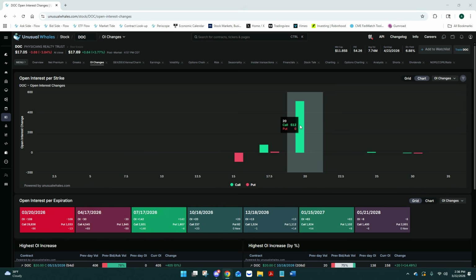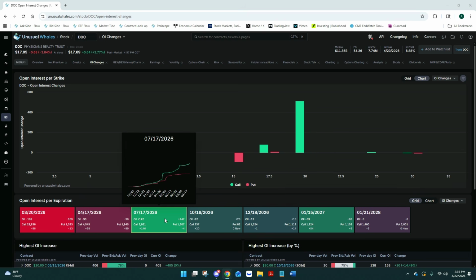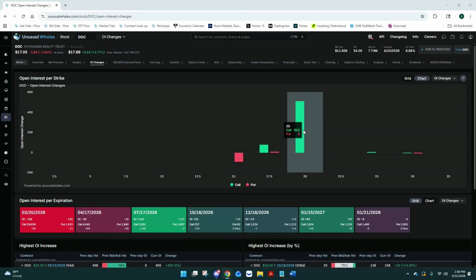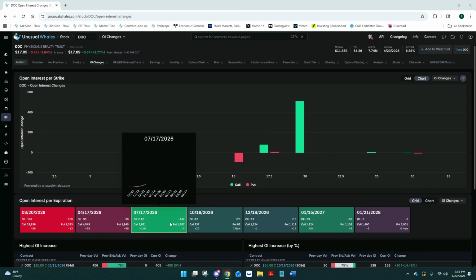What name had a lot of open interest change there? It looks like that 717 is getting a lot of open interest changes. You can see it's 146 on that call. This is 500 in total, 512. That's going to be across everything, but that 717 is seeing a lot of action there.